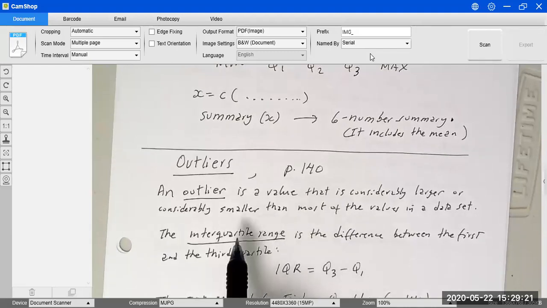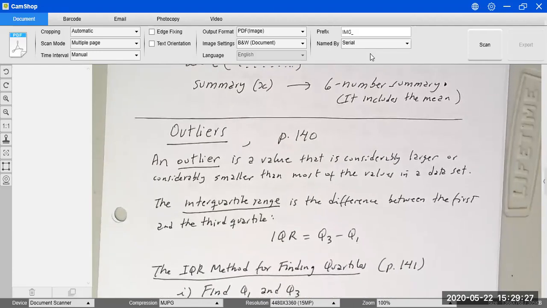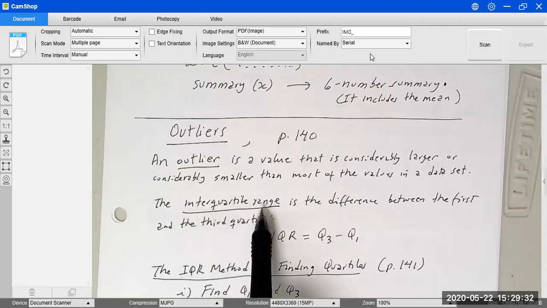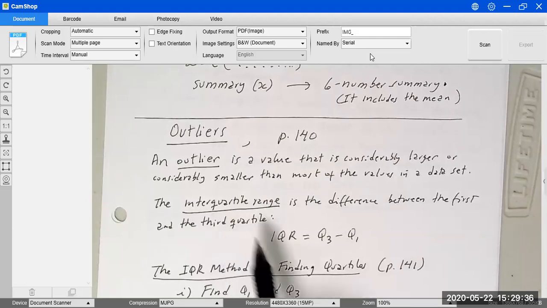So to be more precise on finding these outliers, we're going to need to compute a couple more numerical values. For example, the interquartile range is going to be the difference between the first and the third quartile. So IQR is going to be Q3 minus Q1.